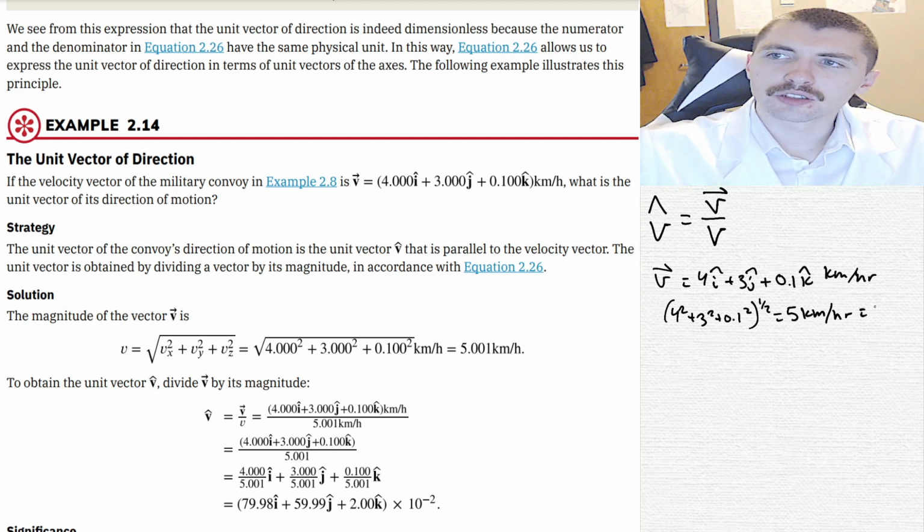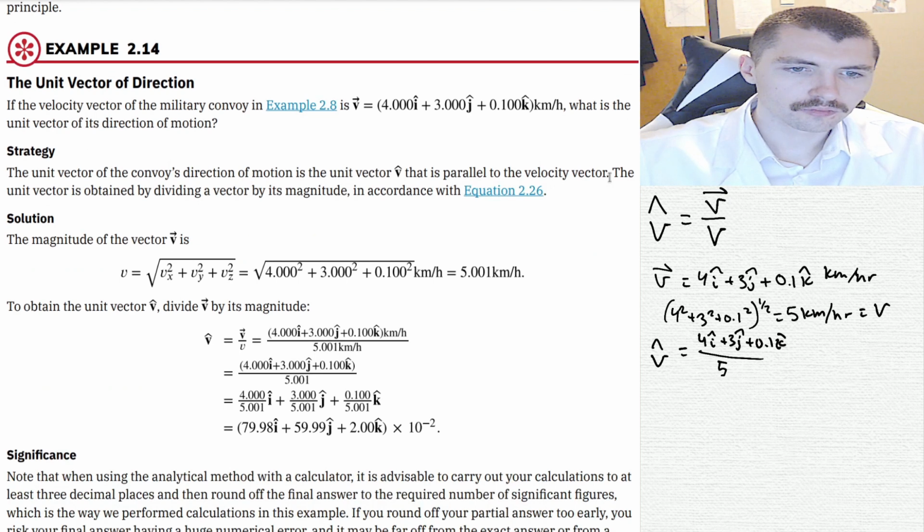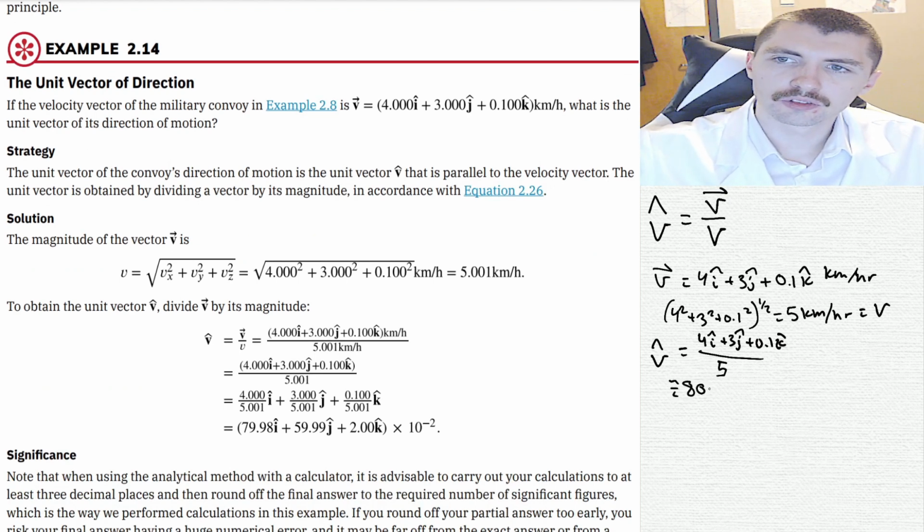So that equals V. So unit vector of V equals 80 i plus 60 j plus 2 k.